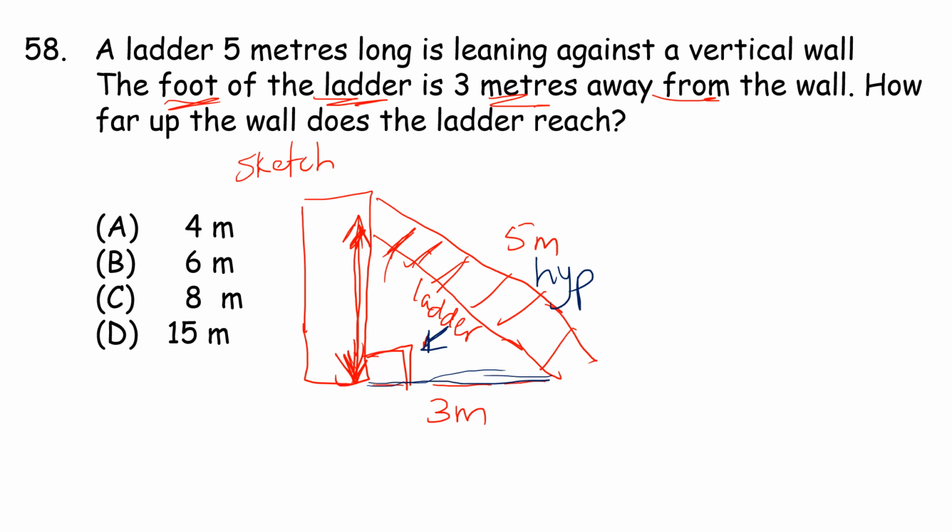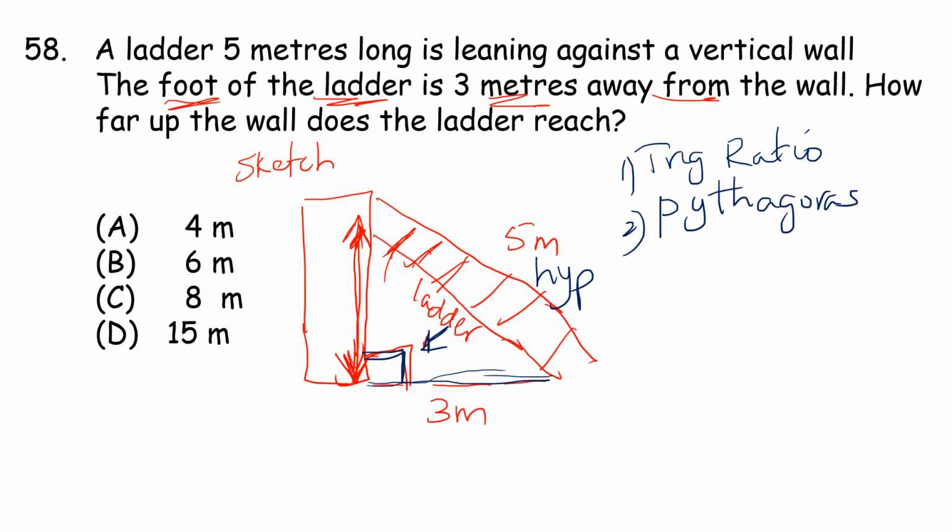That means once you have a right angle triangle, you use either a trig ratio or Pythagoras' theorem. Now we don't have another angle, just the 90-degree angle, and we have two sides, so we are going to use Pythagoras' theorem.